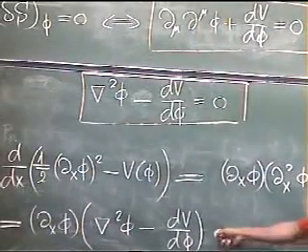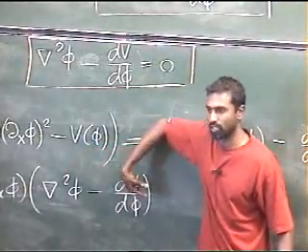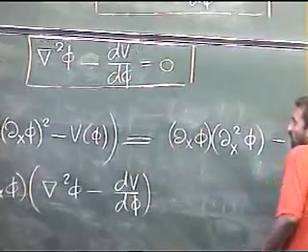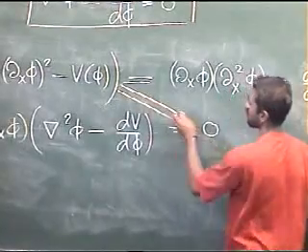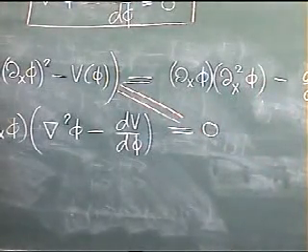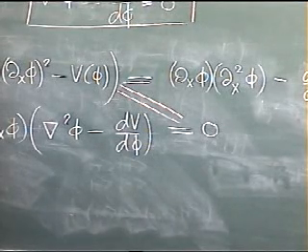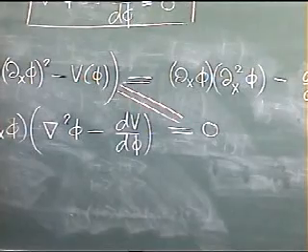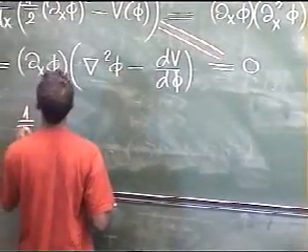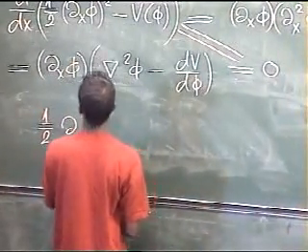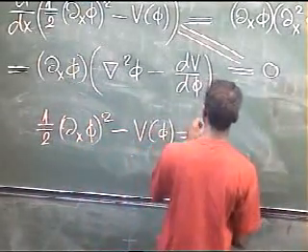And then I compare this to the equation of motion, which tells me that this thing in the brackets vanishes. So overall, this guy is equal to 0. I have the derivative of something equal to 0. The something's only a function of x. The derivative of something equals 0 means I can integrate that to give me a constant. So if I integrate this, I get that the quantity a half d phi by dx squared minus V of phi is a constant.